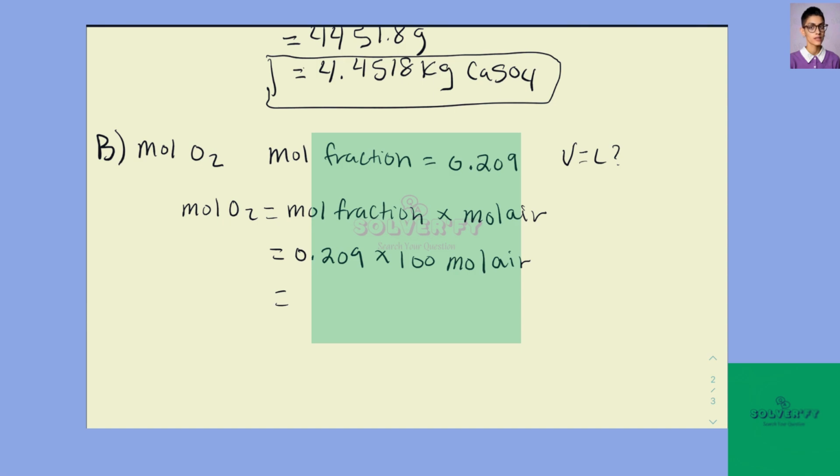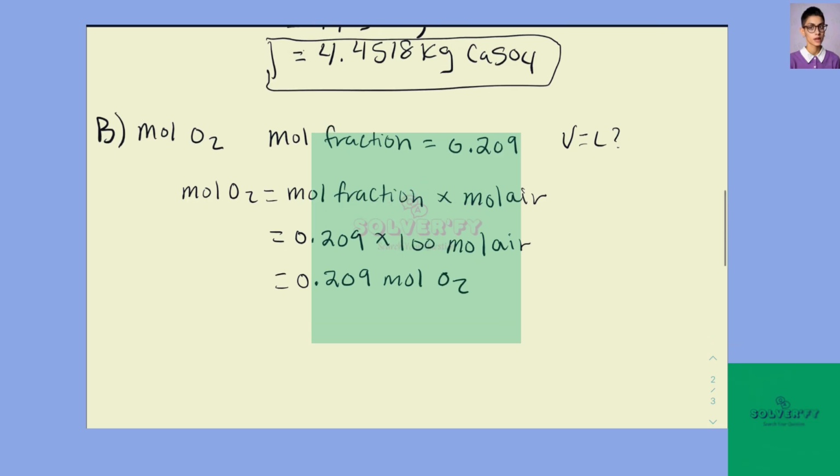So our moles of O2 is going to be 0.209 moles O2. So now that we have our moles of O2, let's get our moles of the calcium sulfite.